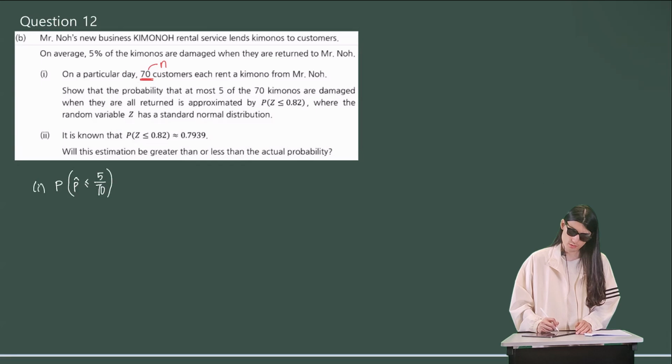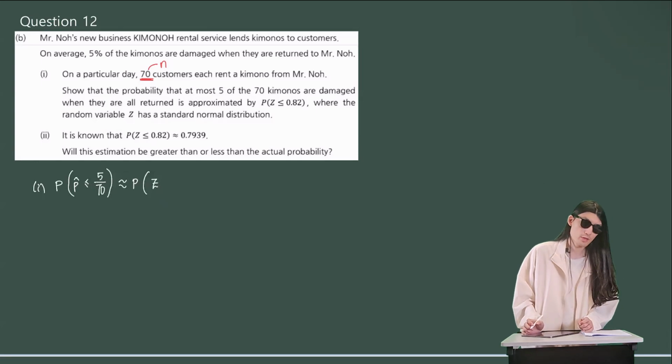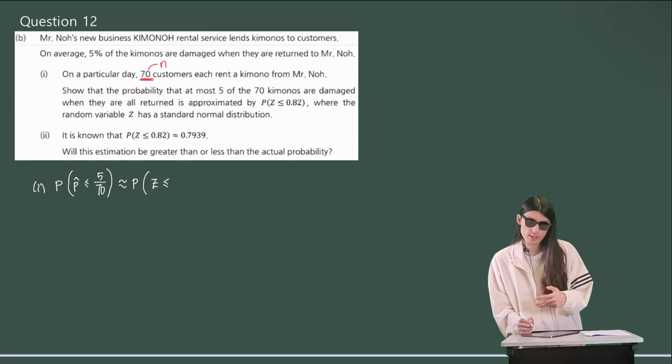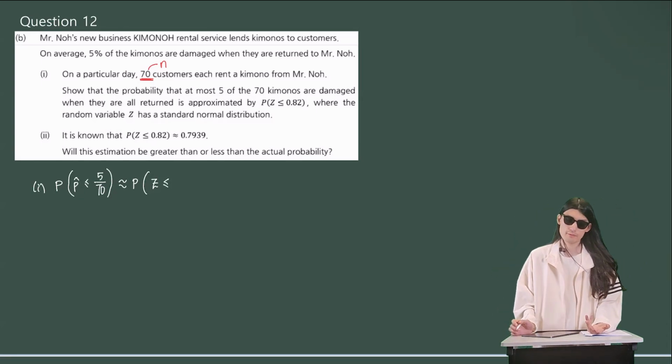Which, if you're going to use normal approximation, would be approximately equal to the probability that your standard normal variable z is less than or equal to the z-score of 5 on 70. Now, what is the z-score of 5 on 70?